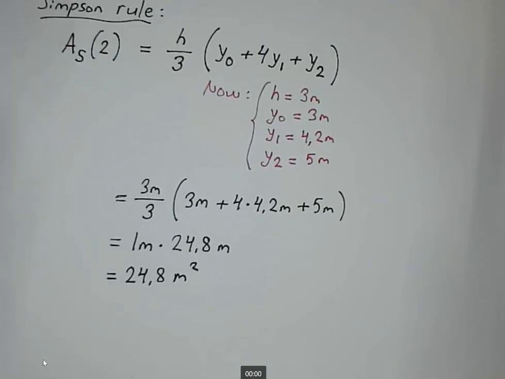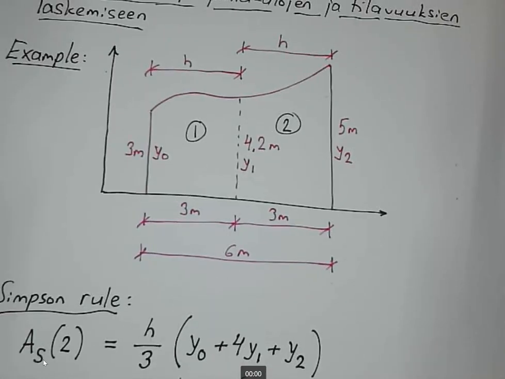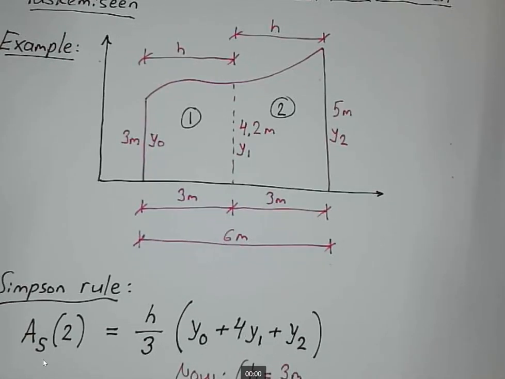Many times, or I would say surprisingly many times, this formula is close enough to get good enough results for the area of some strange figure which has not any strict form.